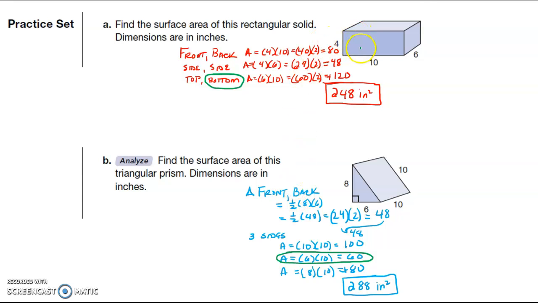Okay, the rest, we still have the front and the back, the side to side, and then we still have the bottom, I guess, the top of this. And then here we still have the front and the back. We still have this side and that side, but we don't have the bottom. Okay, so let's do this. Let's do 248 plus 288.